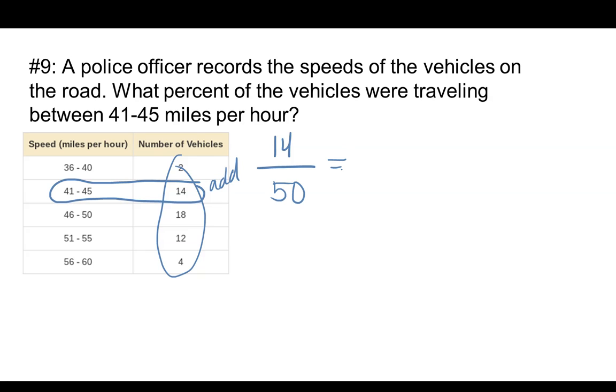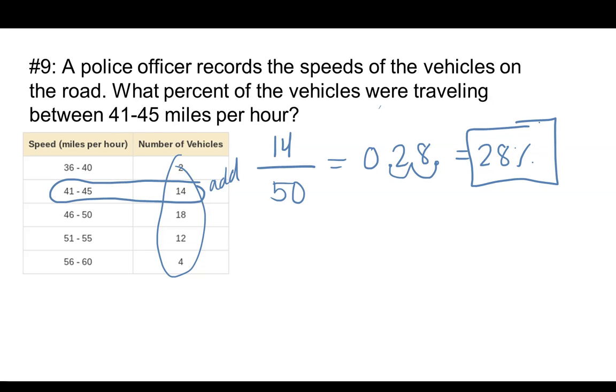And then in my calculator, I'm just going to do 14 divided by 50 because that's going to give me the decimal, 0.28. Then to turn this into a percent, you can either times it by 100 on your calculator, or you can move the decimal point to the right, and that'll give you 28%. So that tells you that the vehicles that were traveling within 41 to 45 miles per hour, the 14 of them, represents 28% of all of the vehicles.